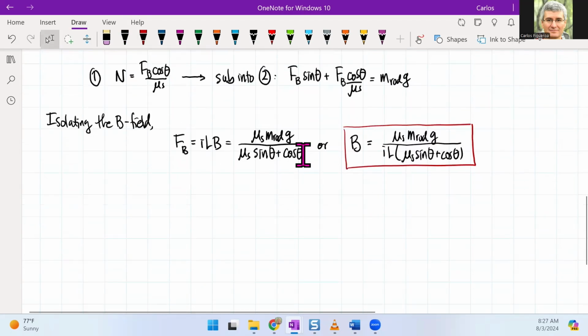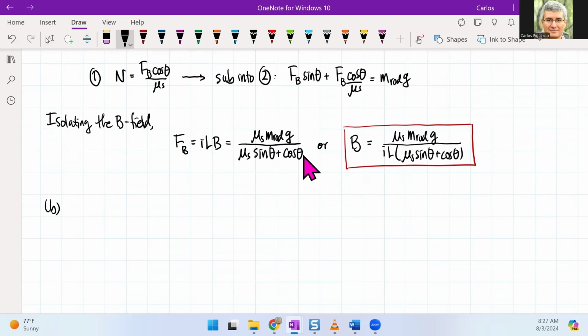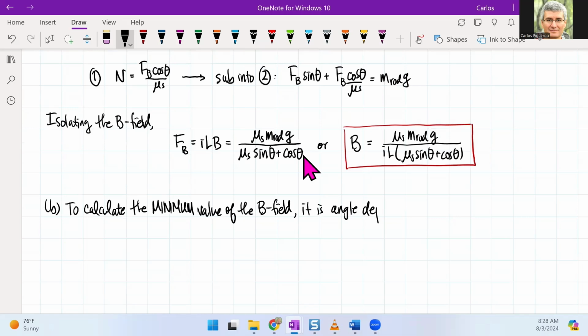So now we just need to do the optimization problem. If I look at B, to calculate the minimum value of the magnetic field, it is angle dependent and requires finding the critical point.